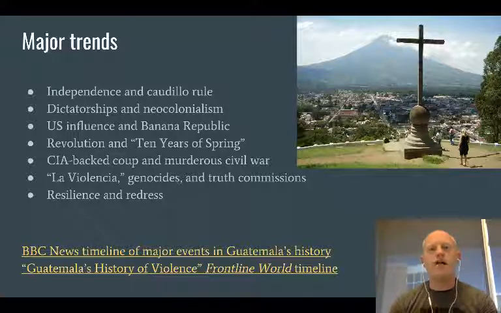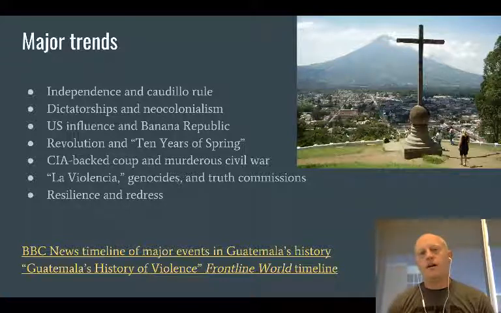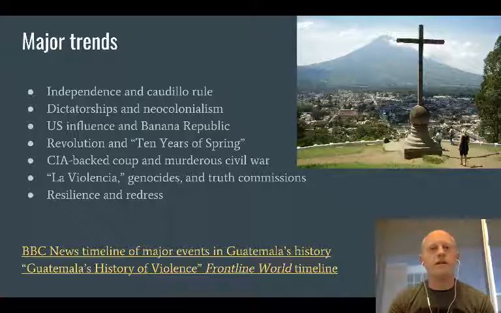The extremes of neocolonialism, with an outside foreign-owned corporation dictating economic and political policy. That was the United Fruit Company. It also had the extreme in terms of the US Cold War response through the CIA-backed coup that I already alluded to. So those are some of the reasons that we're looking at Guatemala in this unit.